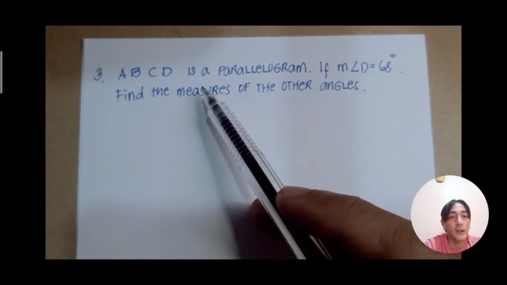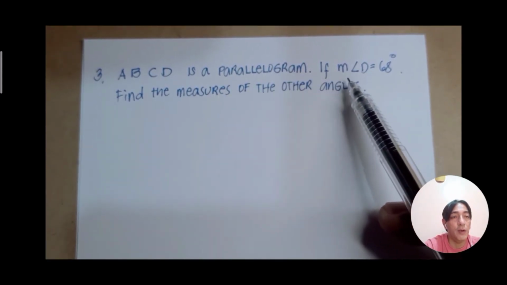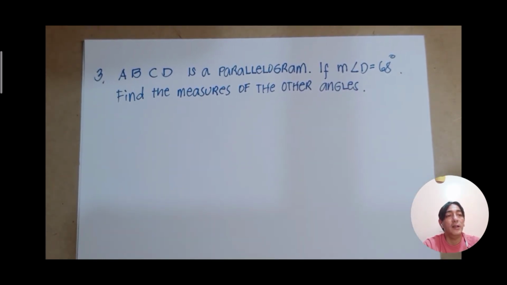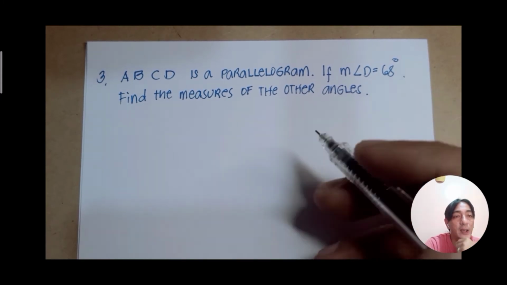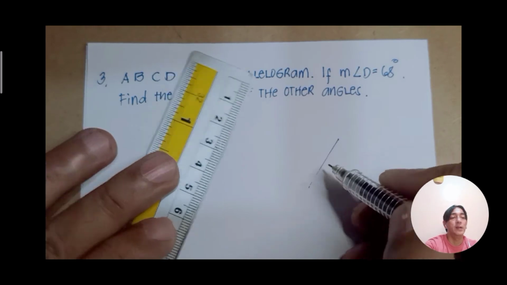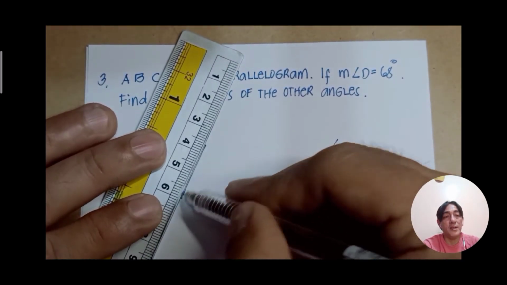Okay, let's go to number 3. ABCD is a parallelogram. If measure ng angle D is 68 degrees, find the measures of the other angles. Okay, so mag-draw muna tayo ng parallelogram na ABCD.